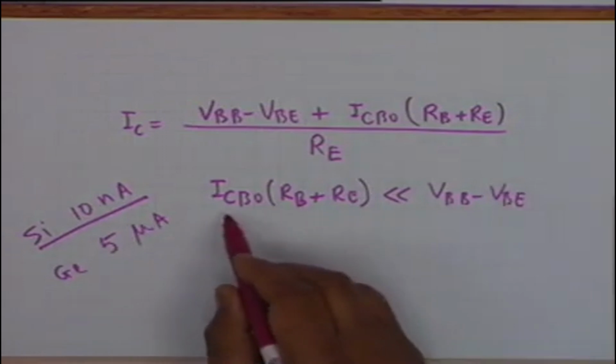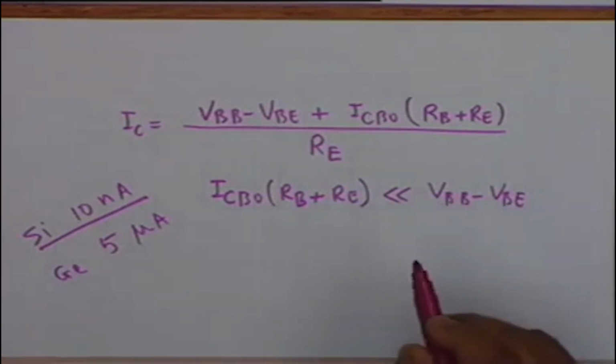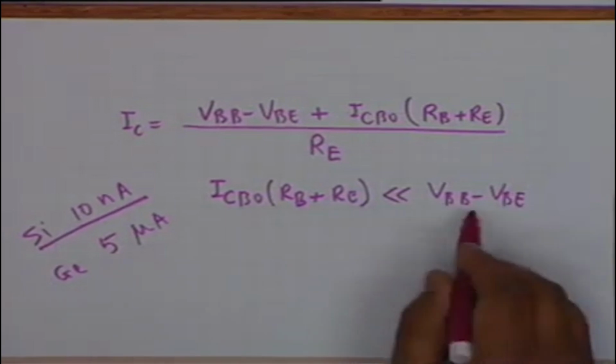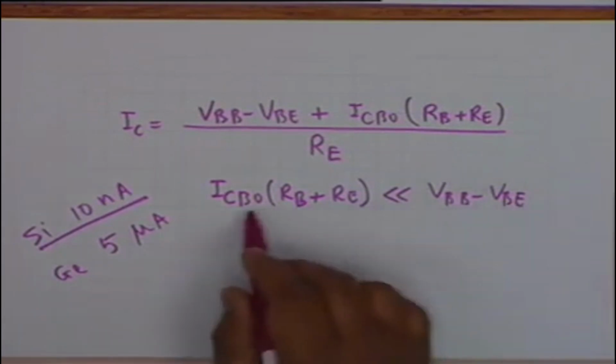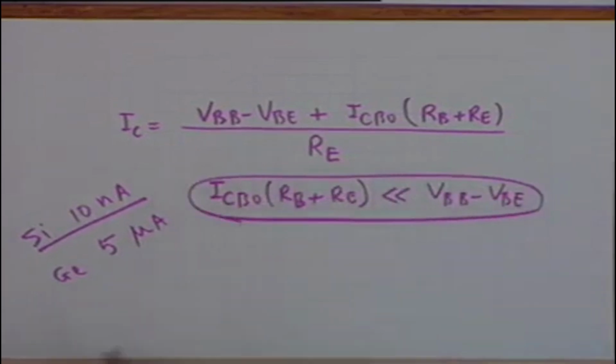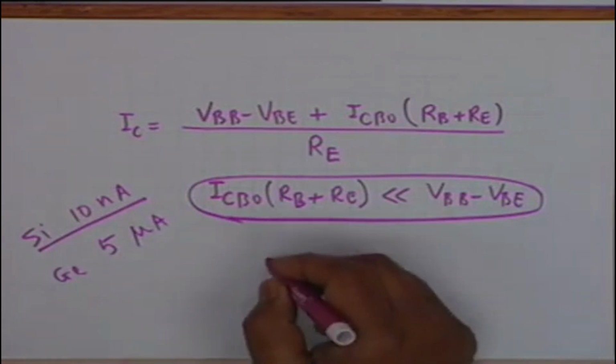Now normally in a silicon transistor, if you choose your VBB properly, then this will be satisfied, alright. In any case, you must see that this inequality is satisfied. This is one of the inequalities. Finally, the devil is VBE, which decreases at the rate of 2.5 millivolt per degree C. How do you reduce the dependence on VBE?